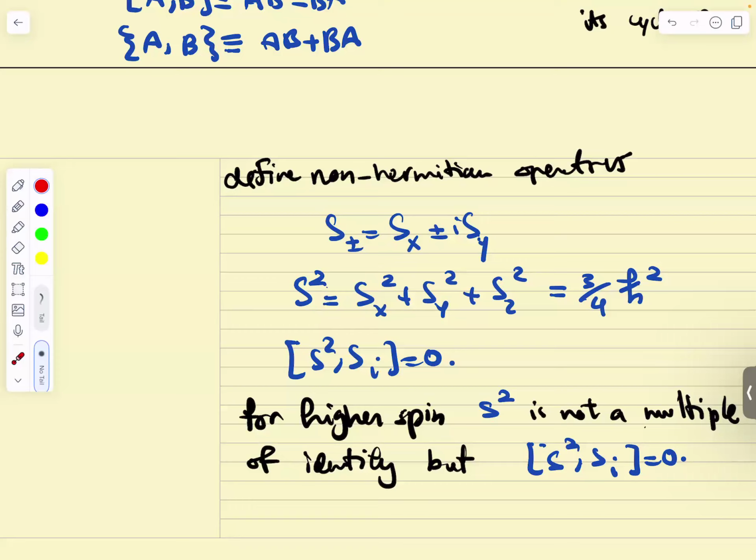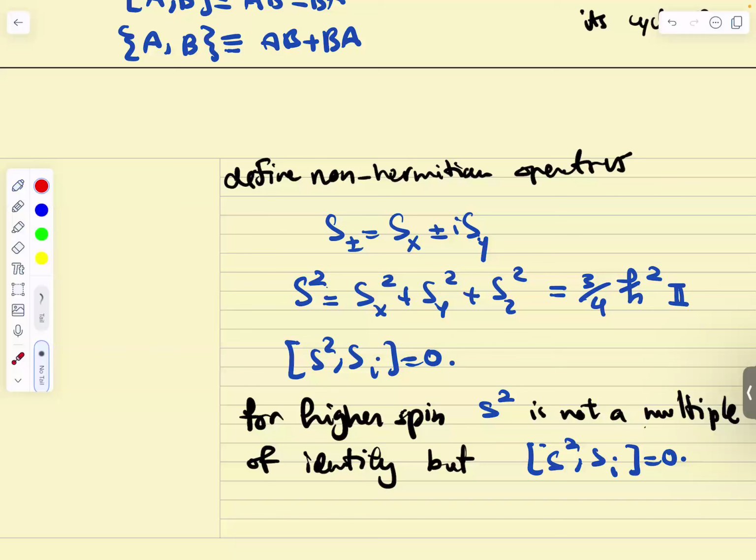If spin were a vector in space, this would be the norm of the vector squared, the length of the vector squared. This is an observable called S squared. You could calculate this just based on the matrices. You know what Sx, Sy, and Sz are. These are Pauli matrices up to h bar over 2. You add them up, you obtain 3 over 4 h bar squared times the identity.